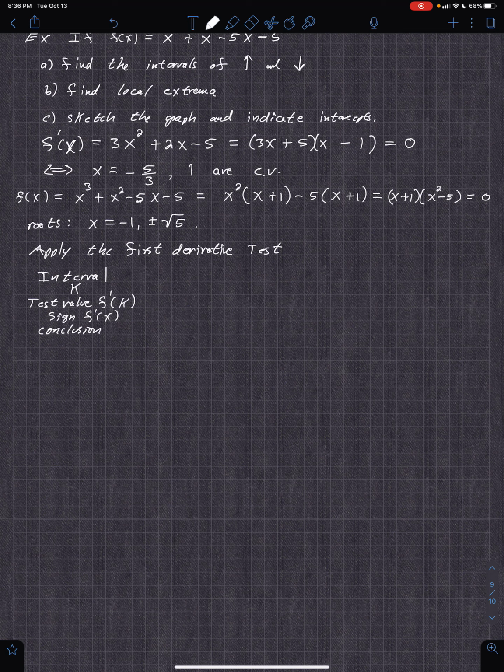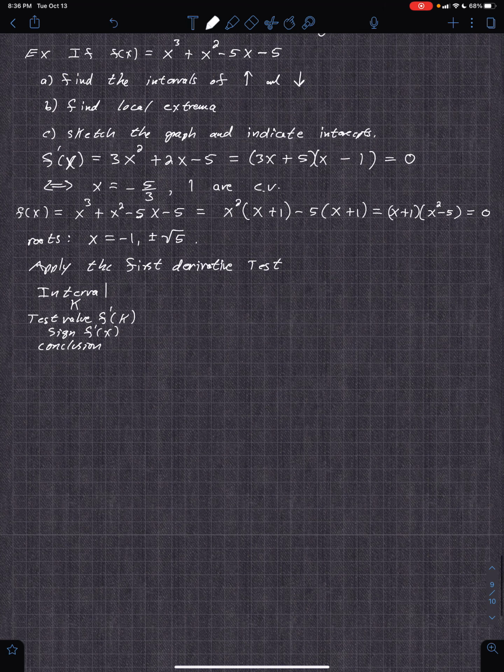So our intervals are, let me bring this down. So we're looking at f prime, 3x plus 5 and x minus 1. So the intervals are around that. So you go from negative infinity to negative 5/3, and then negative 5/3 to 1, and then 1 approaching infinity. Those are the intervals we're testing to see if f prime changes sign.